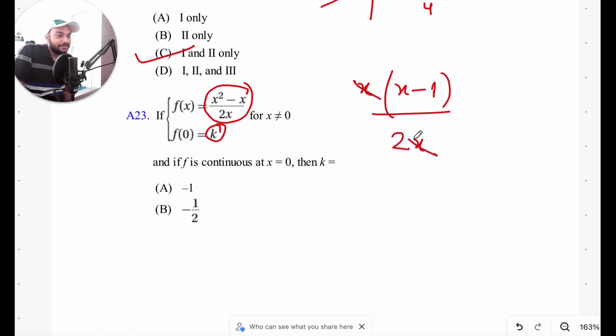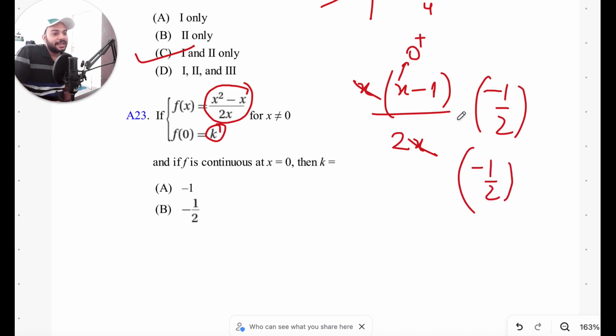X and x cancelled, x minus 1 over 2. If we check the limit now, left hand limit 0 minus, so 0 minus 1, this is going to be negative 1/2, and right hand limit, this would be 0 positive, again negative 1/2. So k is basically negative 1/2 if this function has to be continuous. Option B, which is negative 1/2.